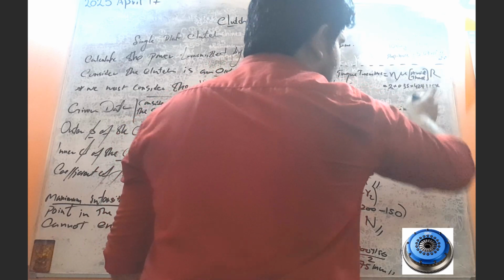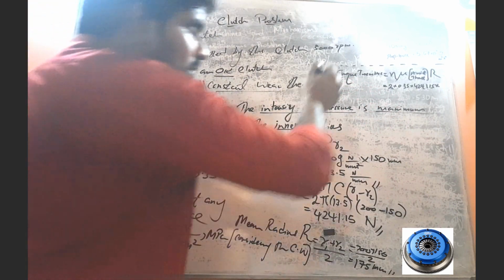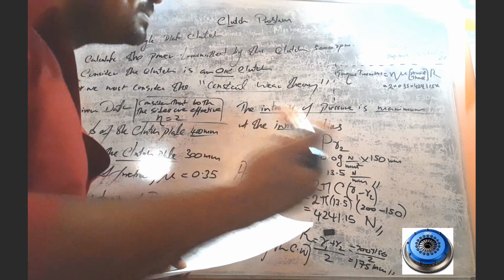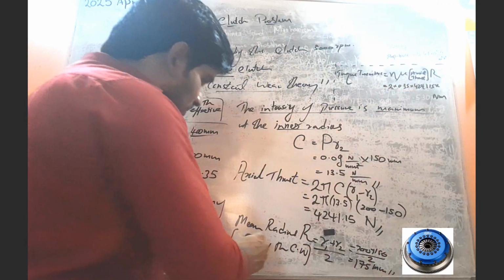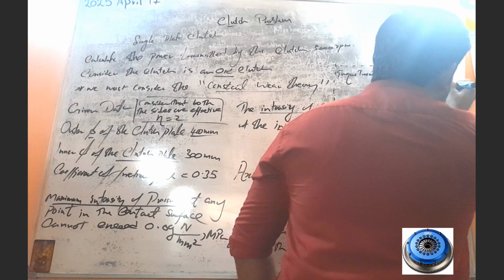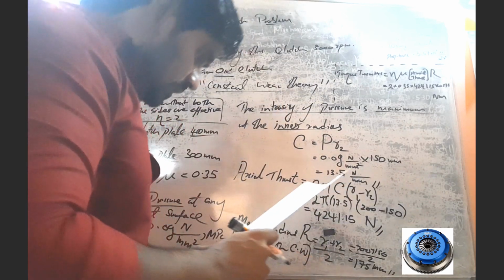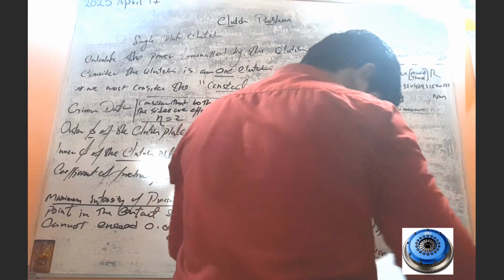The axial thrust is in newtons, so it is better to put the mean radius in meters. Then you can directly obtain the answer in newton meters. We know the mean radius is 175 millimeters, so write it as 0.175 meters. Then you will obtain the torque transmitted as 519.54.